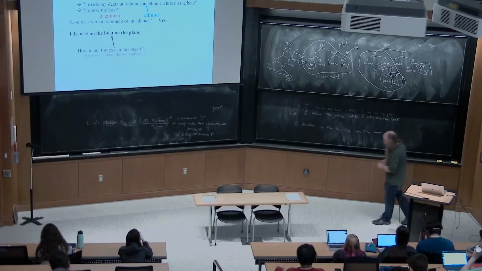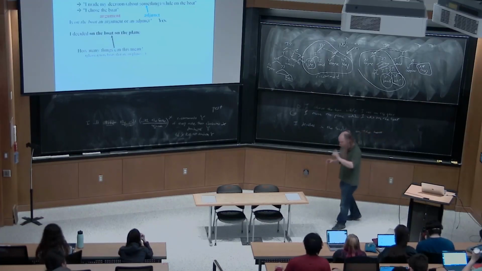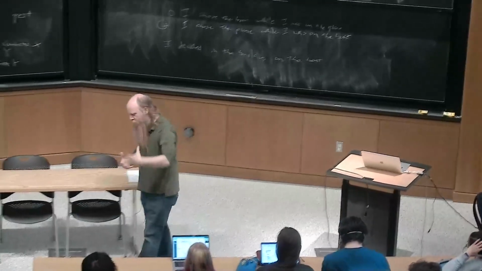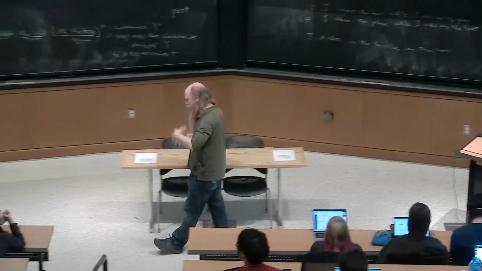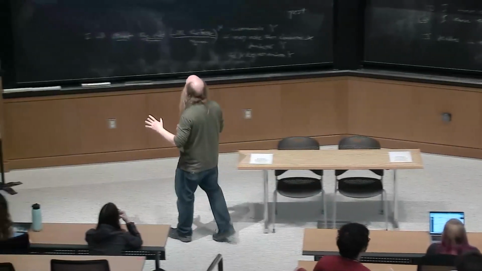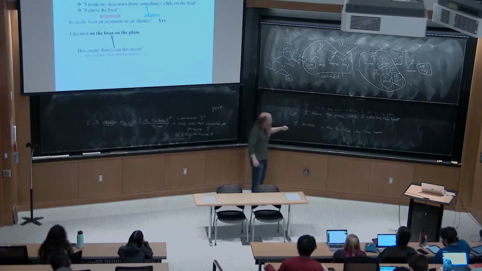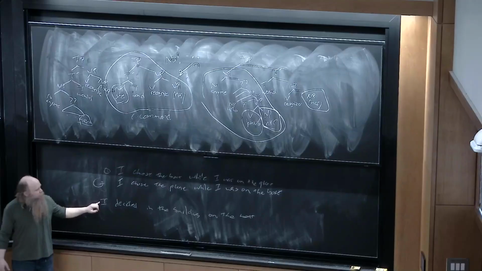Okay, cool. So actually, what you just said, and what Faith just said, and what you said a second ago, these sort of dovetail nicely, I think. Let me now try to summarize something that I think all three of you said. Maybe we can say it like this. When I asked, can this mean I chose the boat while I was in the building? Everybody's like, I think it sort of can, but for me, I have to pronounce it in a particular way.